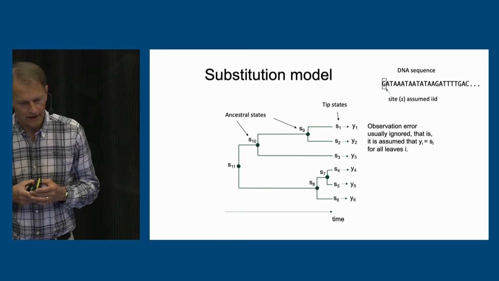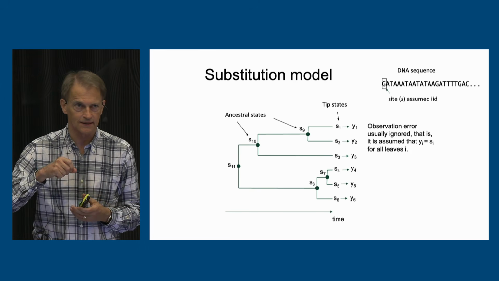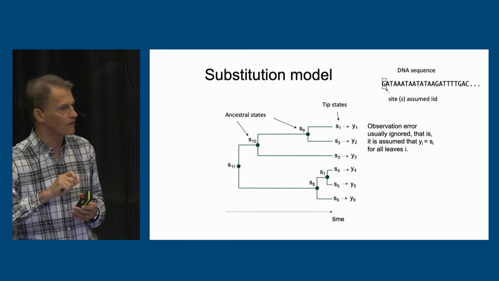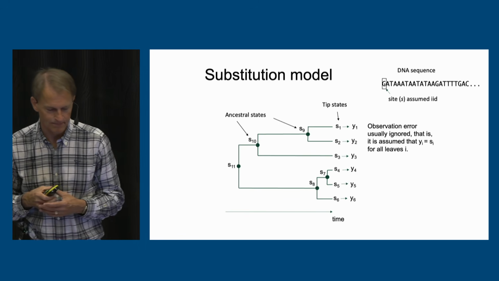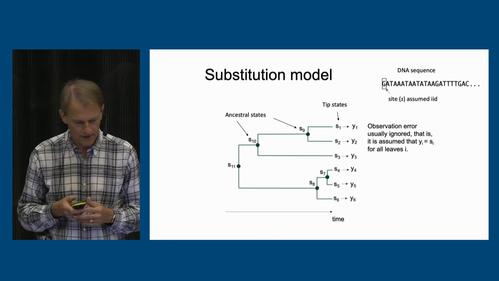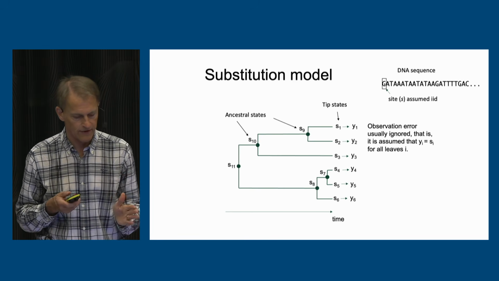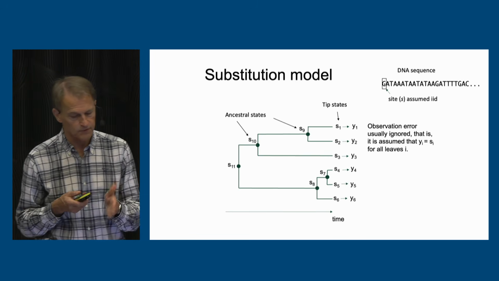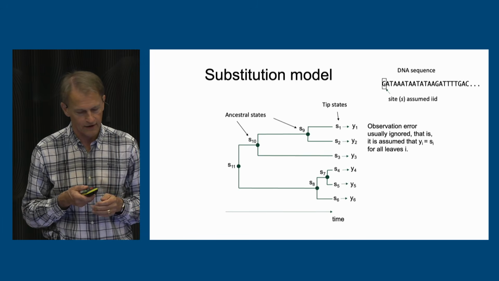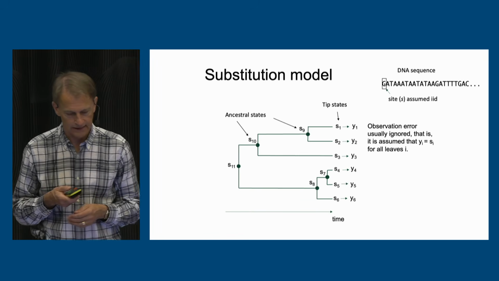And then the substitution model. Typically we assume that the sites in the DNA sequence evolve independently of each other. So that simplifies computations considerably. It's also standard to assume that the states at the tips, we can observe them without error, so that the observations correspond exactly to the states at the tips of the tree.